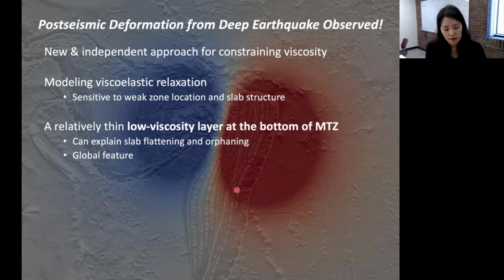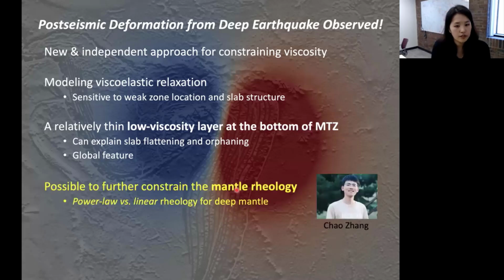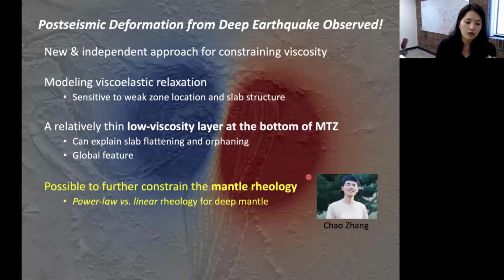Now going further, Chow, again my student, thought that it might be possible to go even further and try to constrain the mantle rheology, meaning distinguishing, for example, linear rheology versus power law rheology. I did mention earlier that my study was simply assuming linear rheology, and I was skeptical that we could tell the difference between power law and linear rheology.